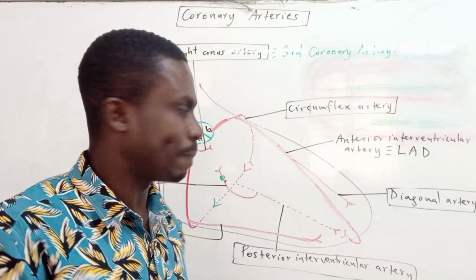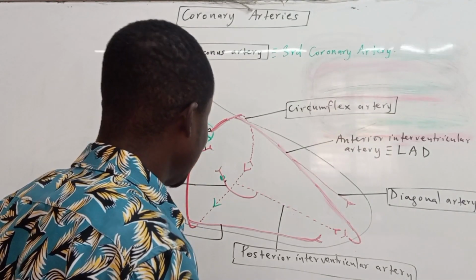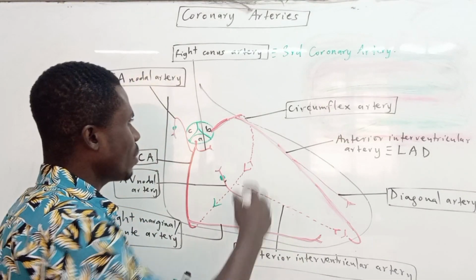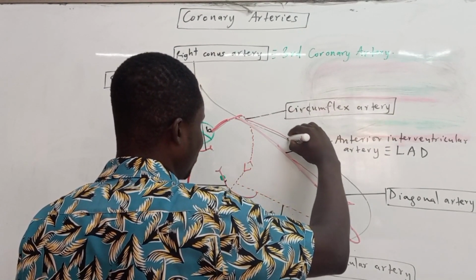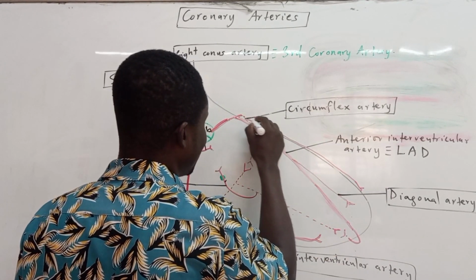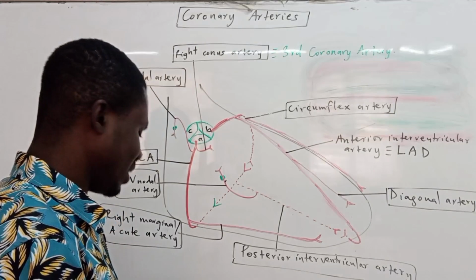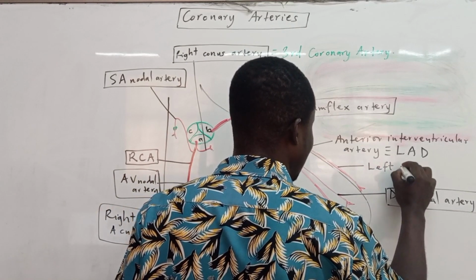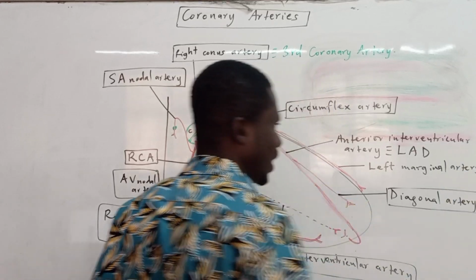Now, are we done? No, we are not done. There is one more thing you should become aware of. Just like we saw the marginal artery for the right side, we also have a marginal artery coming from the circumflex, running on the margin. In this case, we are going to call it not the right marginal, but, this time toward the left, the left marginal artery.